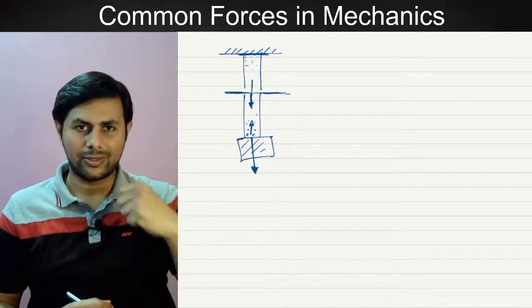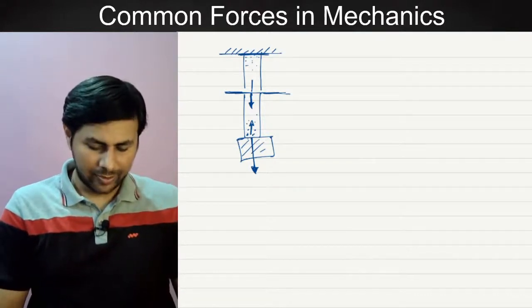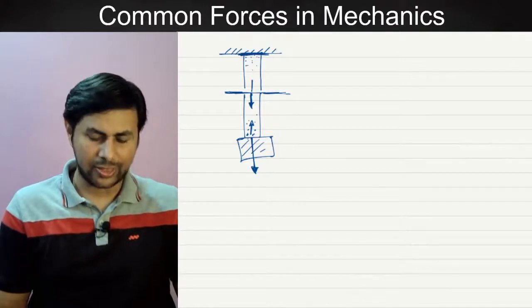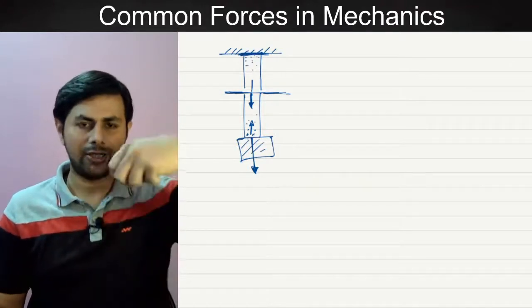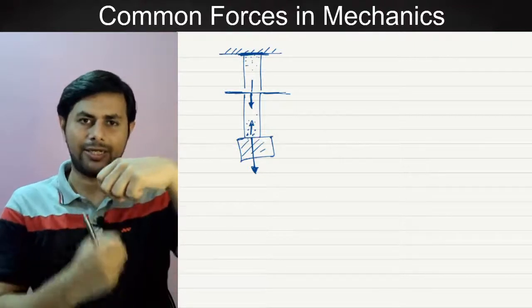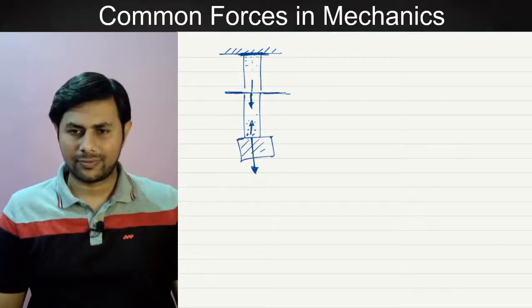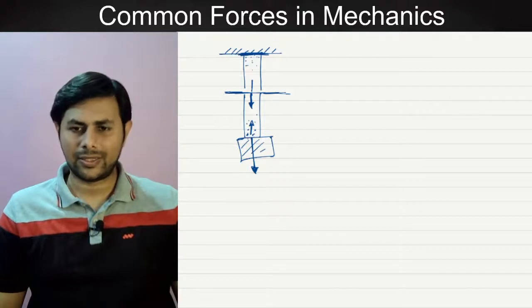Okay, so what will be the direction of tension now? So here the external force is due to this rigid support. It is pulling the rope in upwards direction. So tension at that point will be acting downwards. Okay, is it clear?